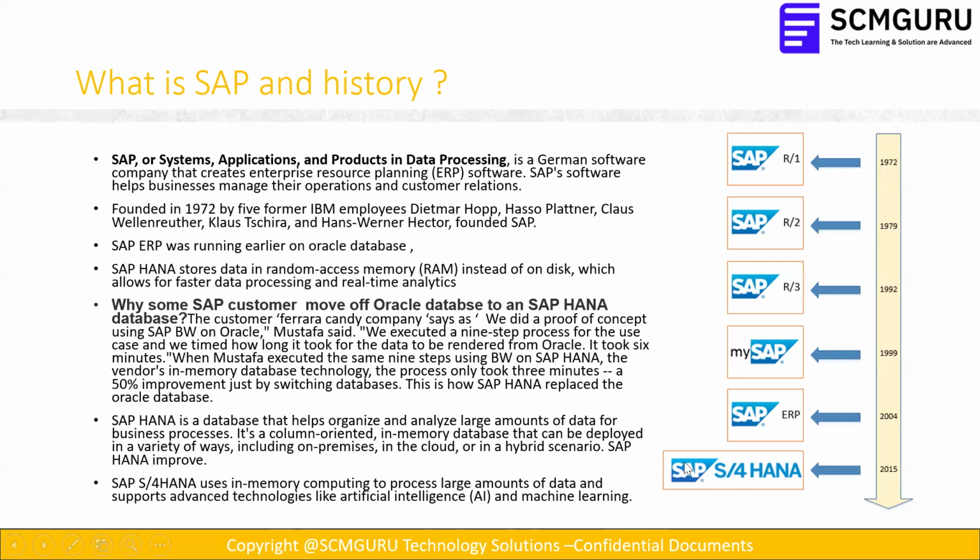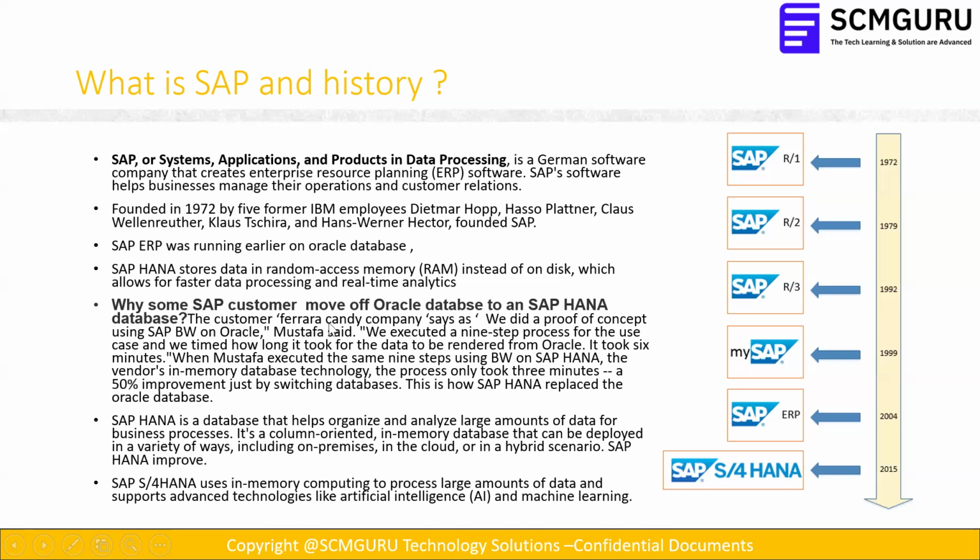Because SAP runs on its own database called SAP HANA. This database helps run a large amount of data for any business. SAP HANA comes in a variety of ways: on premise, in the cloud, and hybrid.